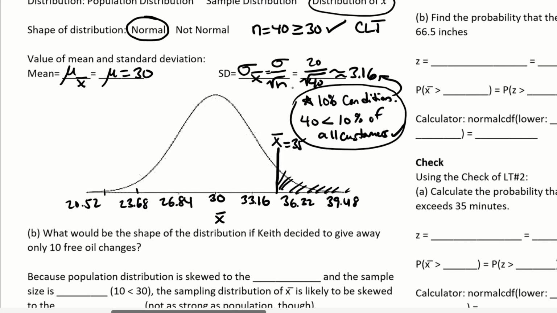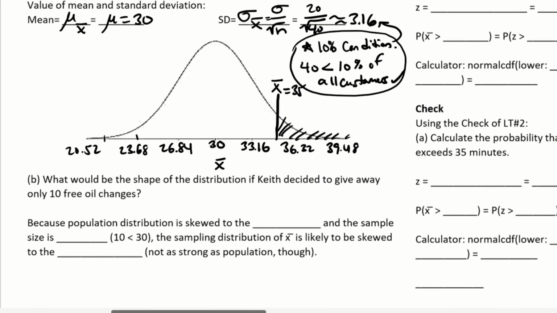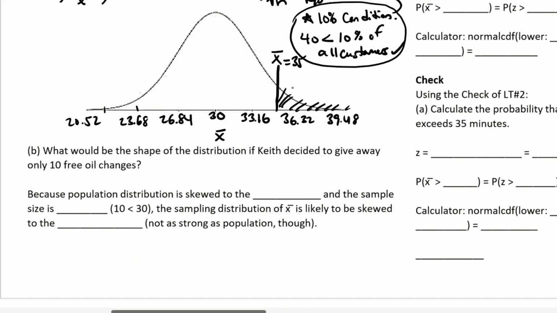Okay, so what would be the shape of the distribution if Keith decided to give away only 10 free oil changes? Well, n is 10, which is less than 30, so that means it fails the CLT, the large counts condition. Because the population was skewed to the right, the sampling distribution will also be skewed to the right.